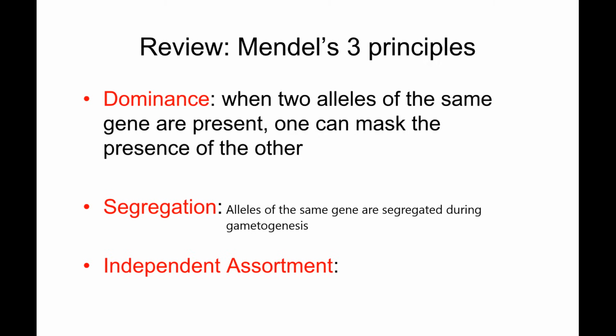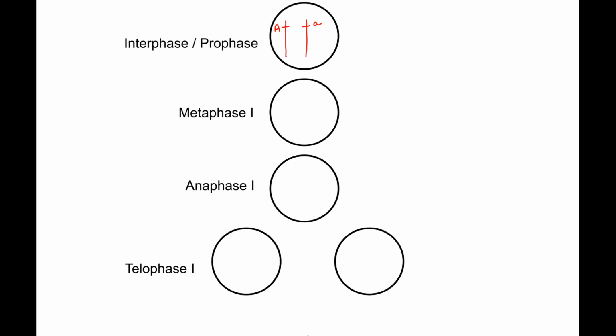To understand this, we have to review meiosis. Let's imagine a person who is heterozygous at a locus A. Remember that meiosis starts in S phase, when each of the chromosomes is replicated. The chromatids will condense in prophase and align on the metaphase plate in metaphase 1.